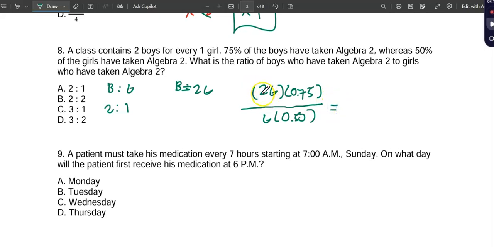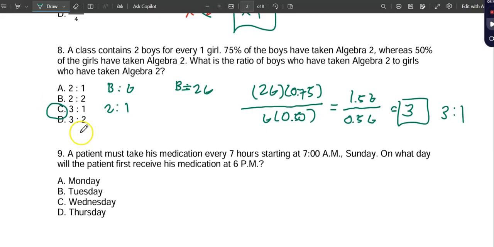We will get 2 times 0.75, that is 1.5, right? So 1.5 g over this one is 0.5 g. So this becomes what? Equals 3, right? So the ratio will be 3 to 1. That is letter C in our choices.